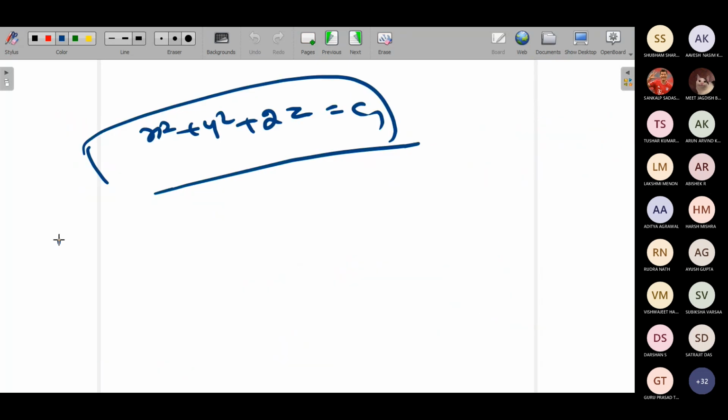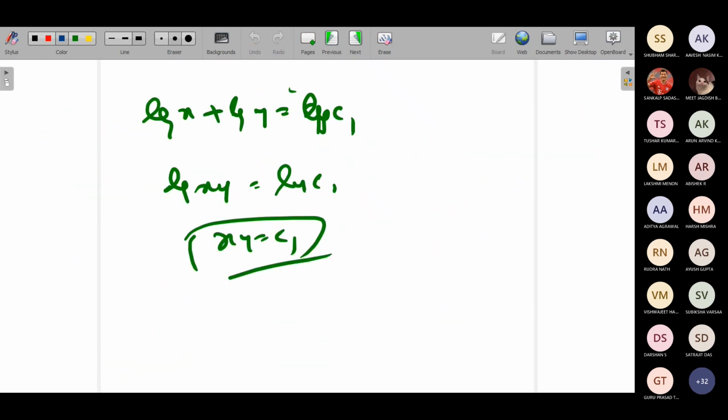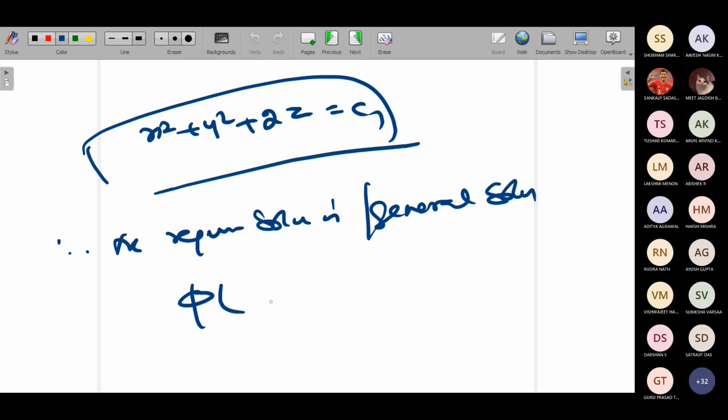So what is your solution? Therefore, the required general solution is phi of, what was the first one? xy, comma, x square plus y square plus 2z equal to 0.